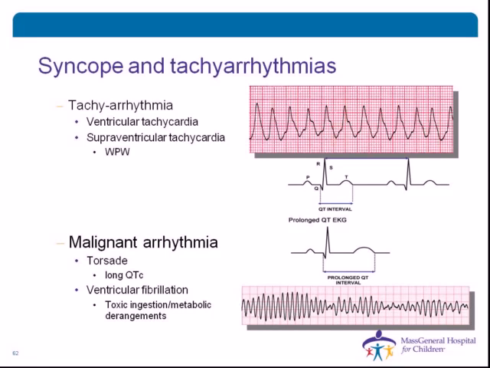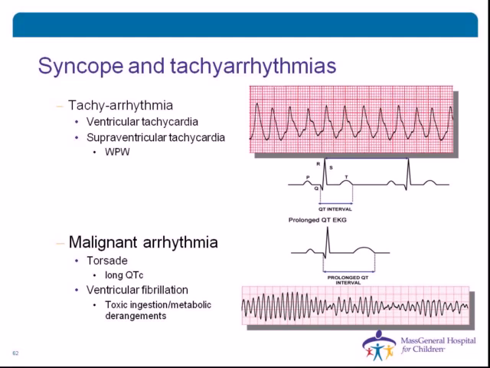There may be tachyarrhythmias or malignant arrhythmias associated with syncope. Ventricular tachycardia with ventricular dysfunction can result in syncope. Supraventricular tachycardia in general is more associated with palpitations and occasional shortness of breath, but can on occasion be associated with syncope.